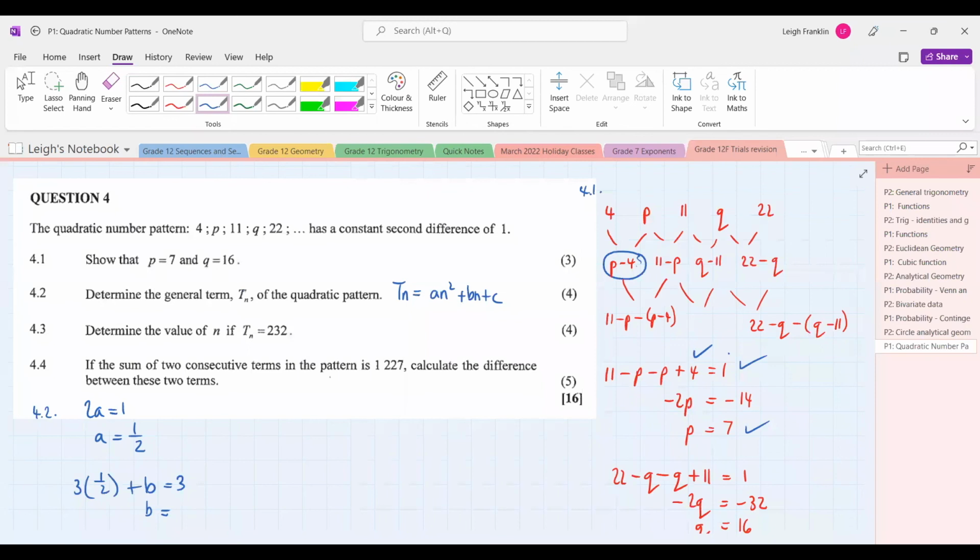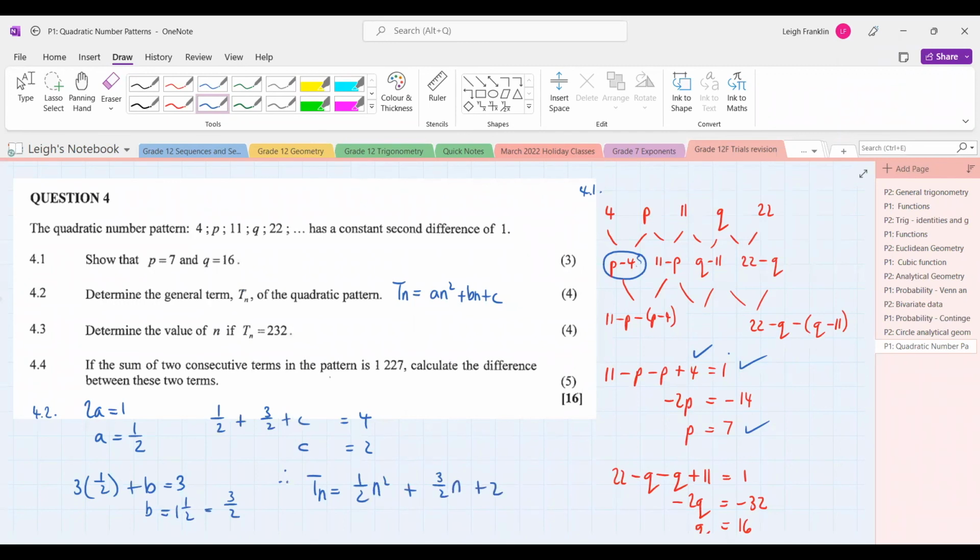So b would be equal to 3 minus 1.5, which would give us 1.5, or 3 over 2. And then we would end up with a plus b plus c, and that would be equal to 4, which means that c would be equal to 2. Quite right. So the nth term, Tn equals half n squared plus 3 over 2n plus 2.